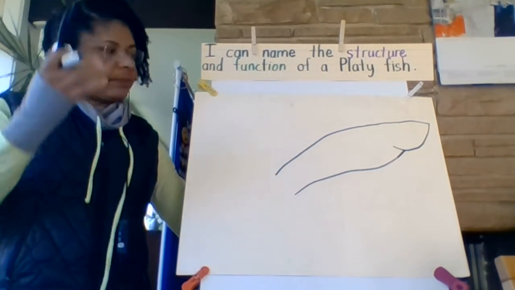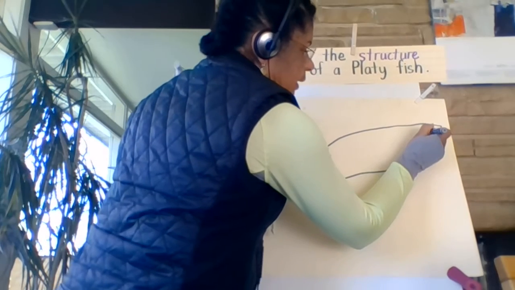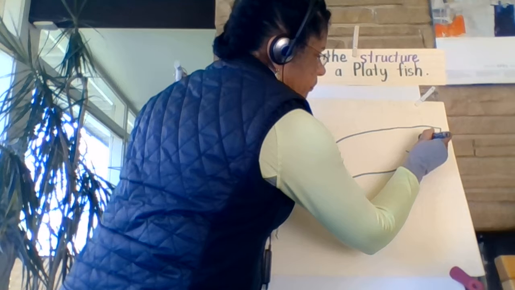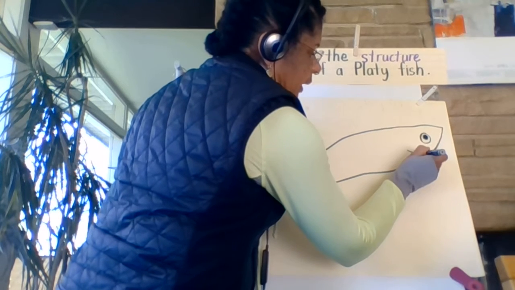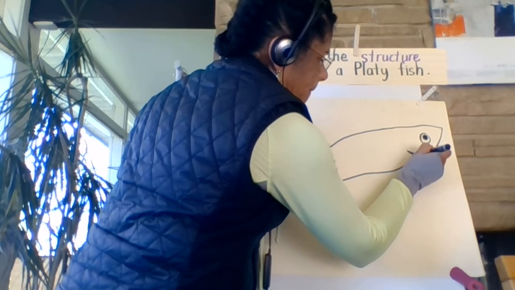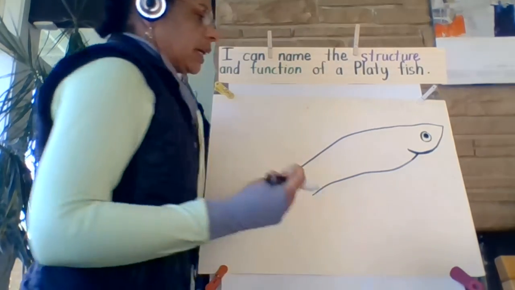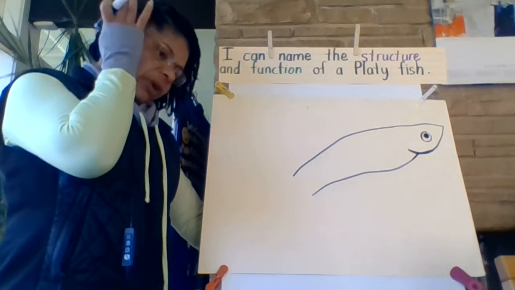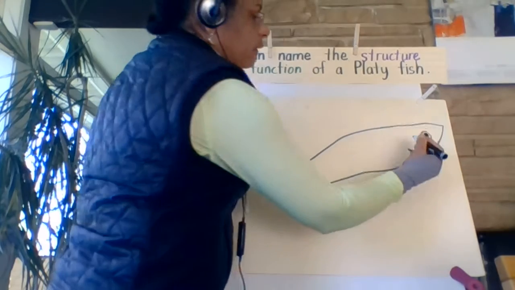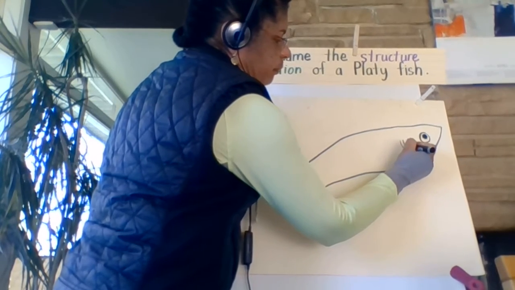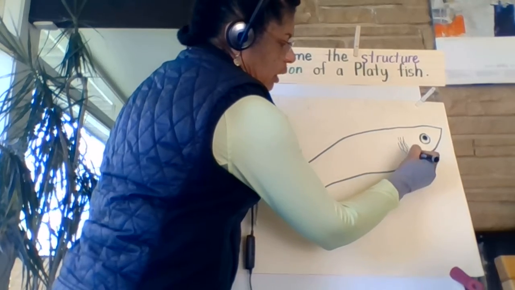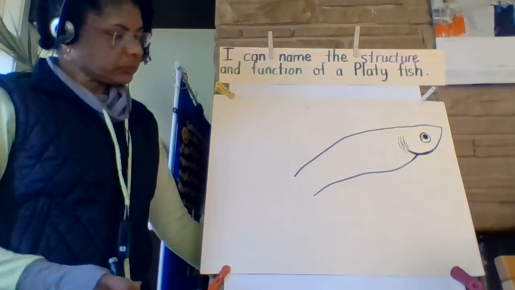In the head, they have eyes. They have their mouth right here. And they have, just right where the head ends and the body begins, some distinctive kind of opening cuts that they use for breathing called gills.